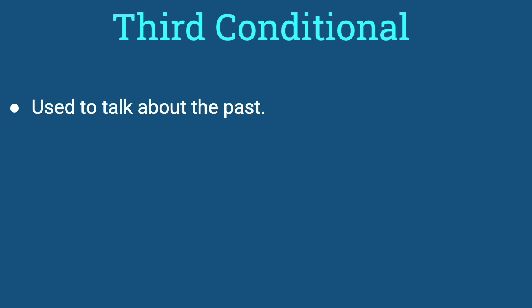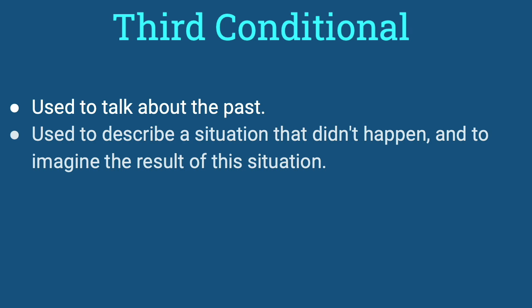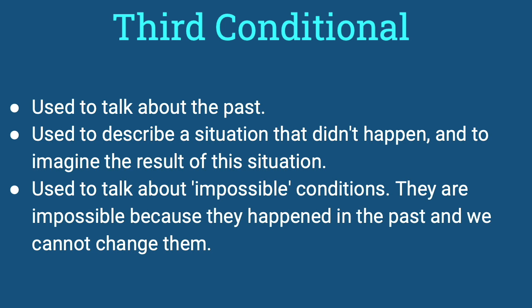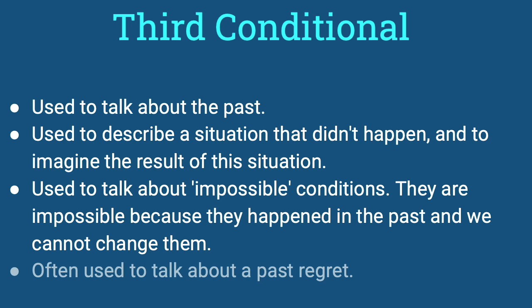All right, it's time to look at the third conditional. The third conditional is used to talk about the past. It's used to describe a situation that didn't happen and to imagine the result of this situation. It's used to talk about impossible conditions. They are impossible because they happened in the past and we cannot change them.